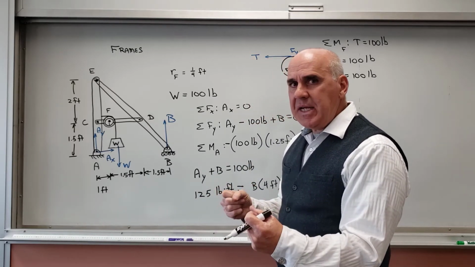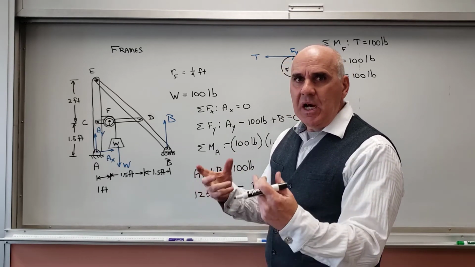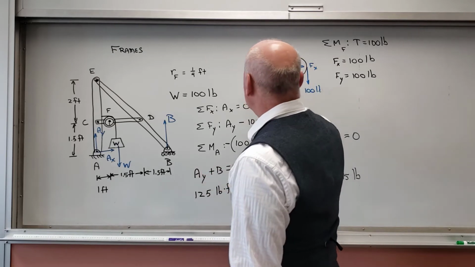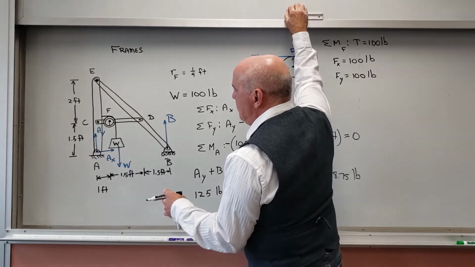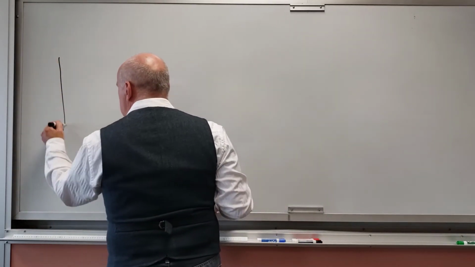I do a free body diagram for each individual piece of this frame. All right, so I've done the pulley. Let's do AE. And so AE is looking like this.